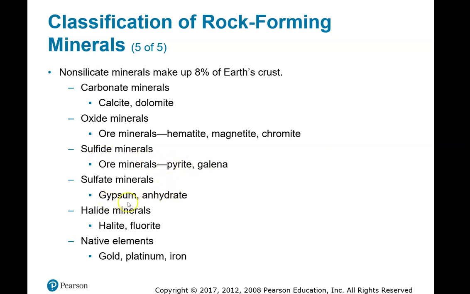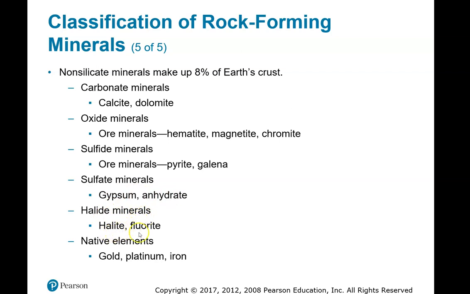So that's gypsum, as we mentioned before. That's what we find in drywall, right? The walls that most of us have around in our houses or apartments. Anhydrite. Sorry, I got to say that right. Halide minerals.